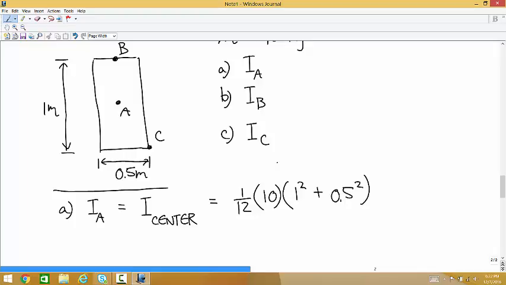It's a little over 1. 1.04 kilogram meters squared. Okay, so that's what you would do if the pin or the hinge was at the center. So now let's figure out how easy or hard it is to rotate this object if the hinge or the pin was at B.